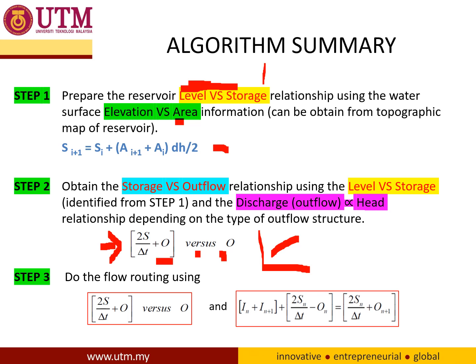How do we do this? From the level versus storage relationship identified in step 1, and the discharge outflow versus head. The discharge outflow versus head, if you remember, depends on the hydraulic structures of the reservoir, what kind of structure is used for the flow to exit the reservoir.